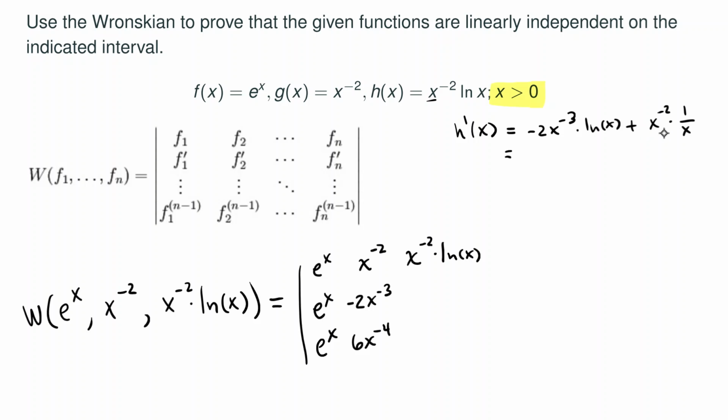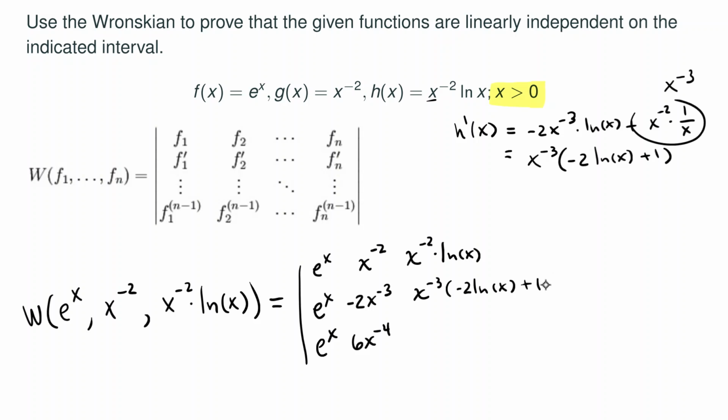And I think we can simplify this. This product becomes an x to the negative 3. So let's factor out an x to the negative 3, and we get negative 2 ln of x plus 1. So x to the negative 3 times negative 2 ln of x plus 1.